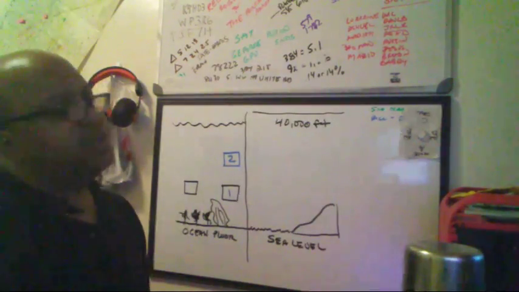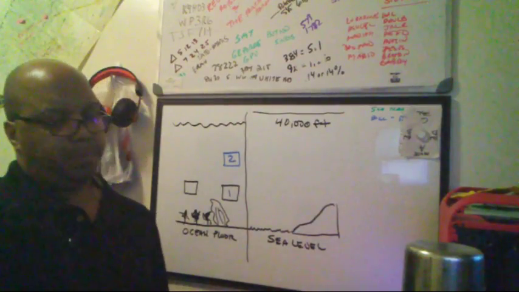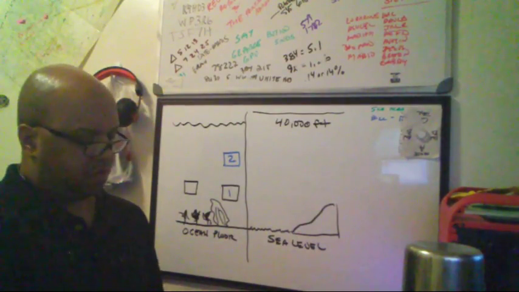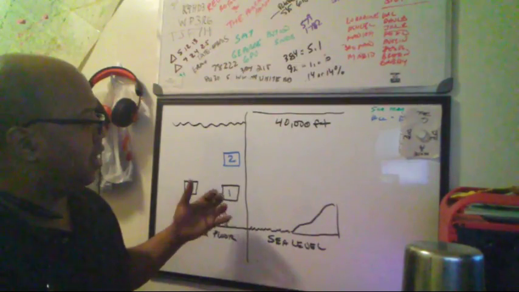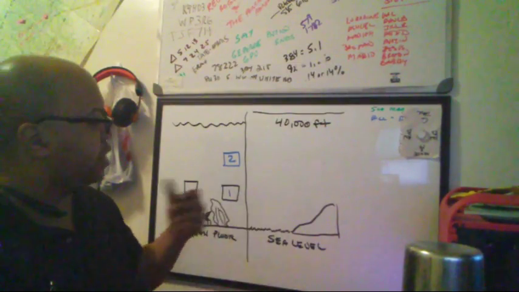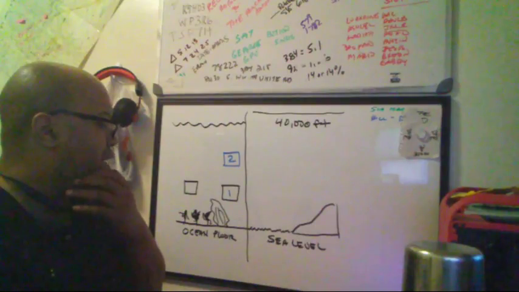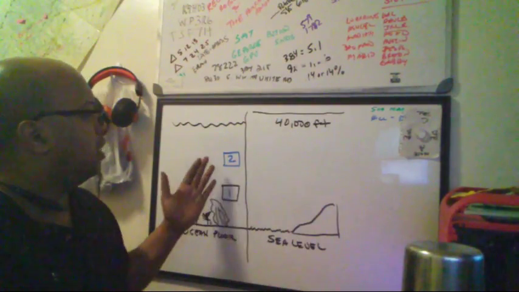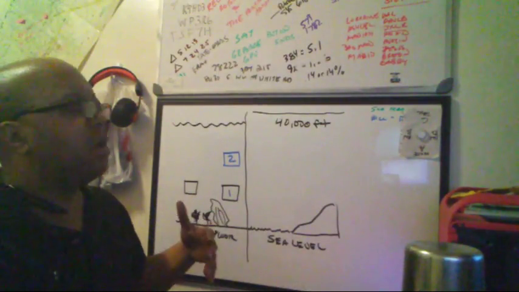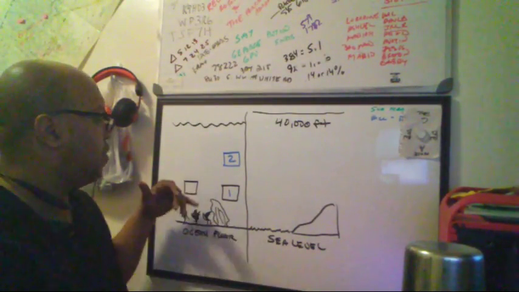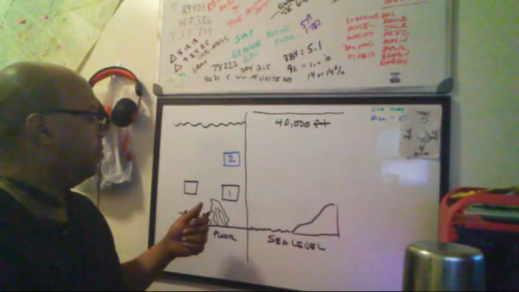So the question was asking us, we move this block from position 1 to position 2. And they said, okay, will it experience more water pressure, less water pressure, or the same water pressure as this one?